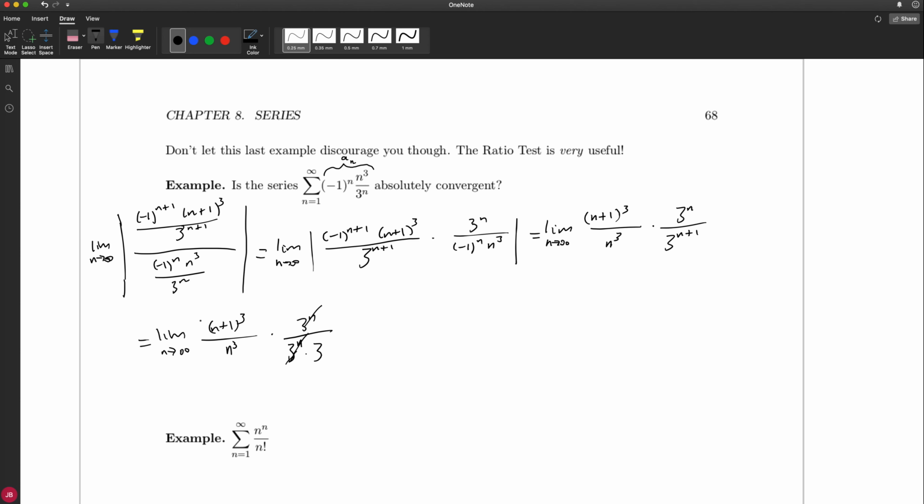And the limit as n goes to infinity of n plus 1 to the third over n to the third, that limit is 1. Again, expand it all out if you like. You get a degree 3 on top, degree 3 on bottom. Take the ratio of the leading coefficients, which is 1. So you get 1 times, when this cancels, that's a 1 up here, so 1/3.